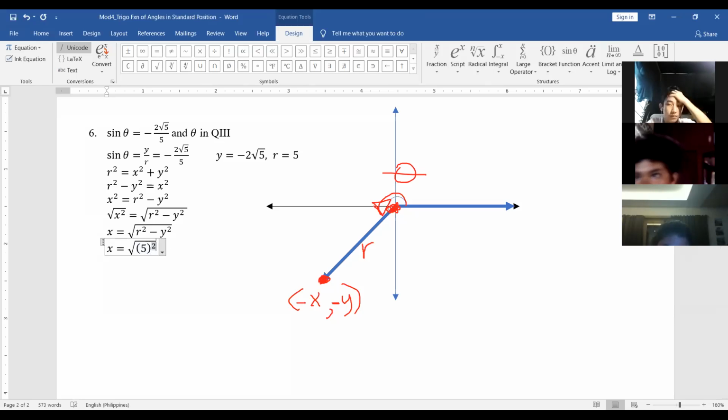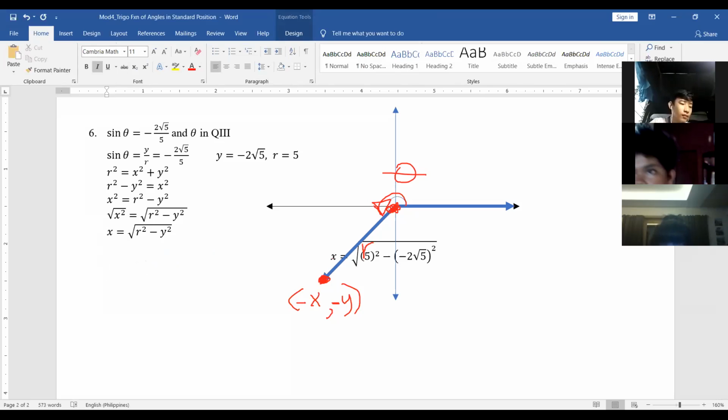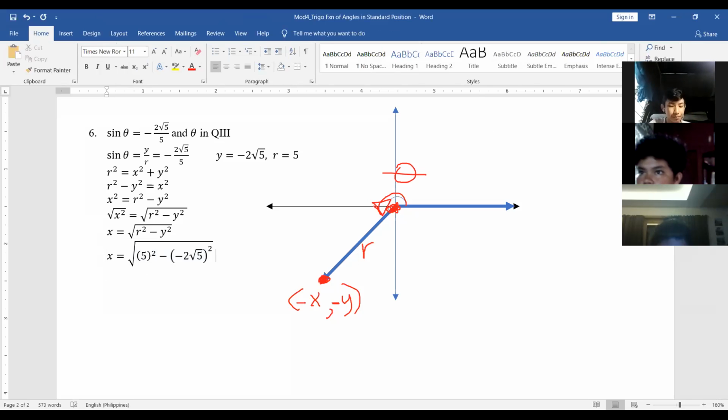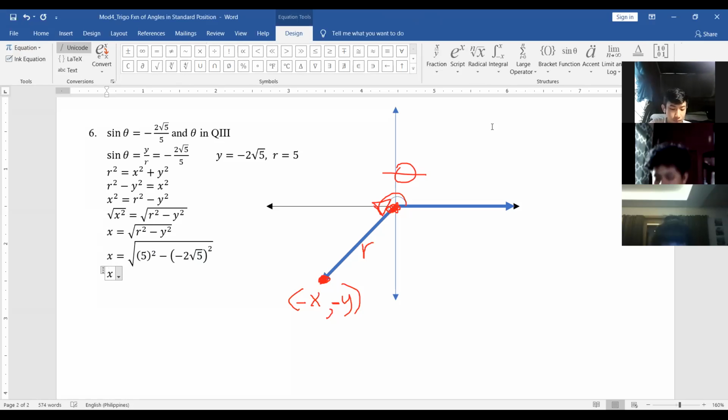So we have 5 squared minus negative 2 square root of 5 squared. Use your calculator and simplify the result by raising the values to the power of 2 and then get its square root.